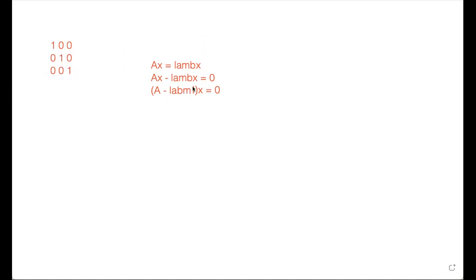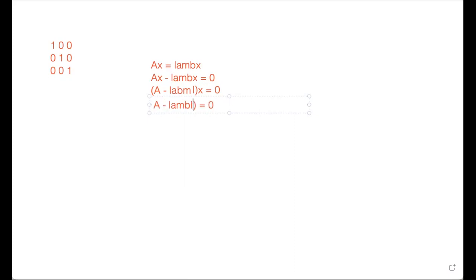So I is the identity matrix, because X is not a zero value. X is a non-zero vector, so the matrix A minus lambda I will be zeros, right? For the next equation, A minus lambda I, we want to go from a matrix into a scalar value.